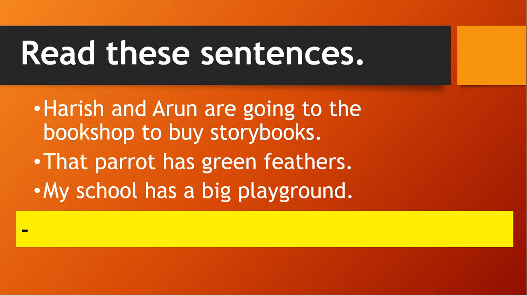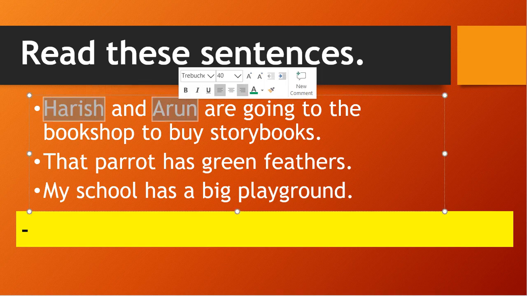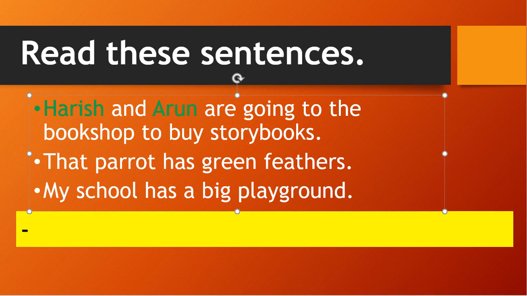Okay, so what did we understand a noun is? A noun is a naming word, like the name of people, places, animals, or a thing. So here, Harish and Arun are the names of people. So that is a noun, correct? So these two are nouns.